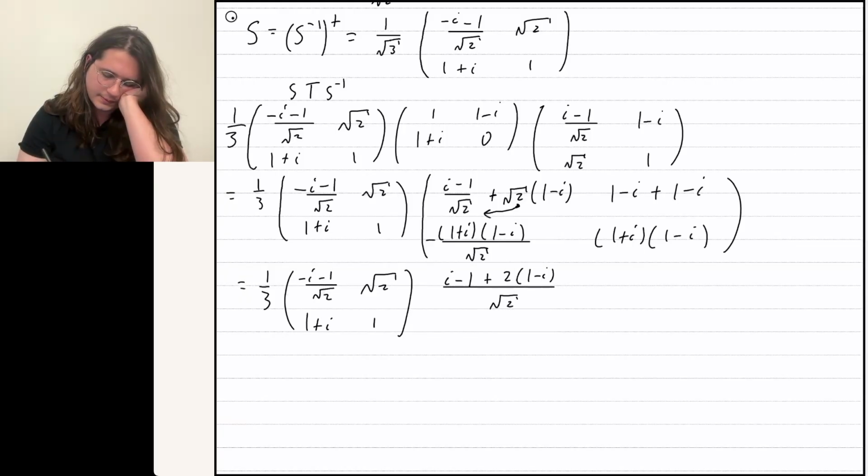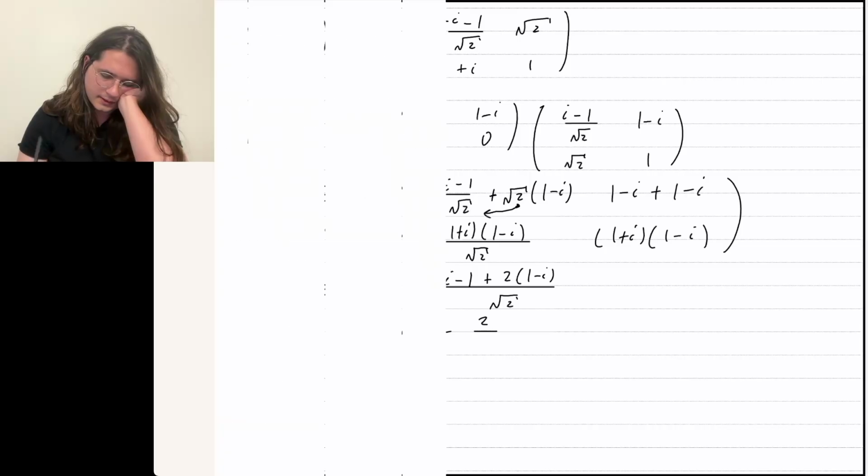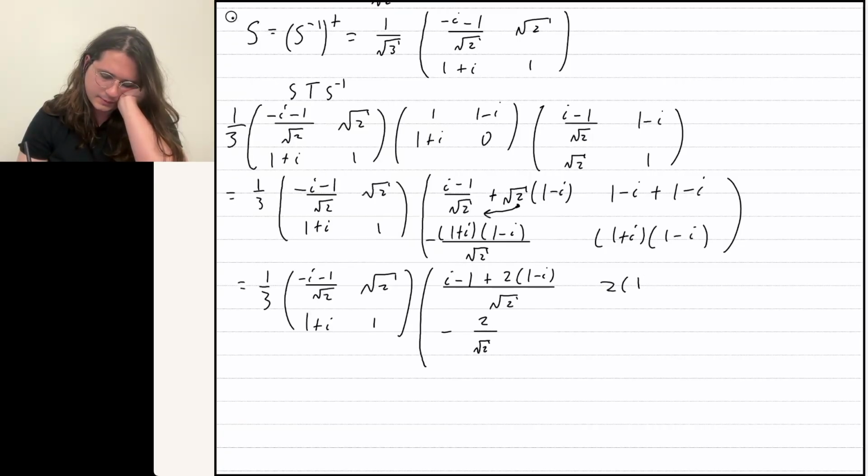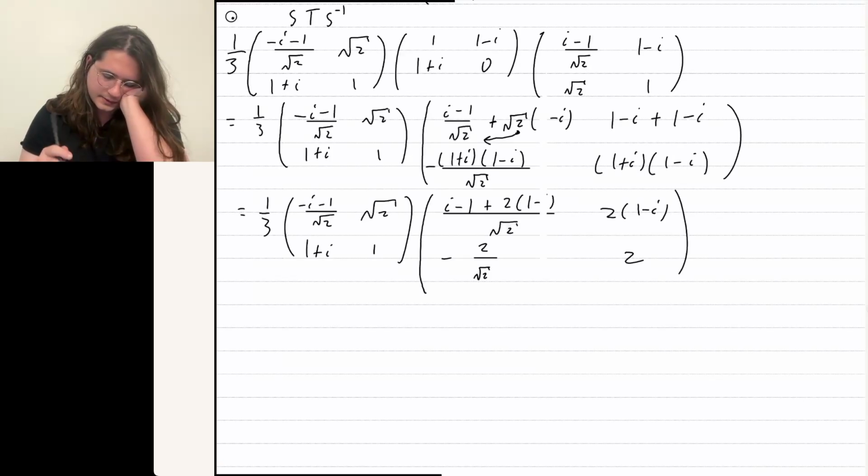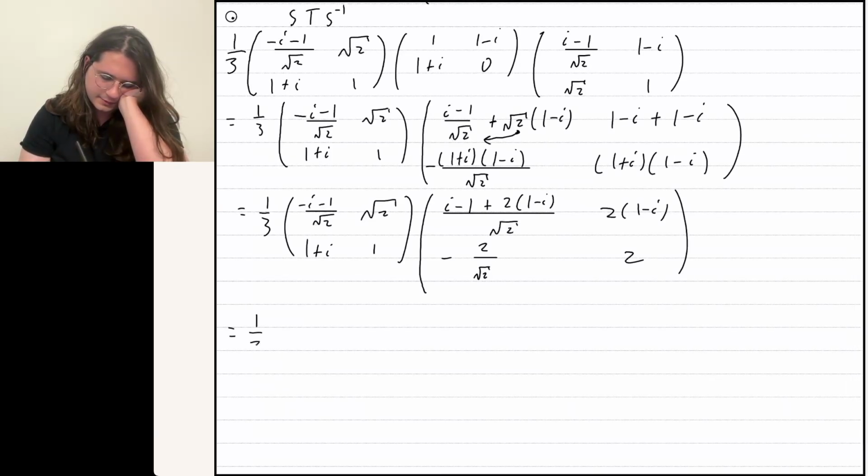Down here, we know that this term, this very cool term that we've done several times already, just results in 2. This is going to be 2 times 1 minus I, and we'll leave it like that. This is going to give you 2 as well. And then we get, simplifying even further, minus I minus 1 over root 2, 1 plus I, root 2, 1.